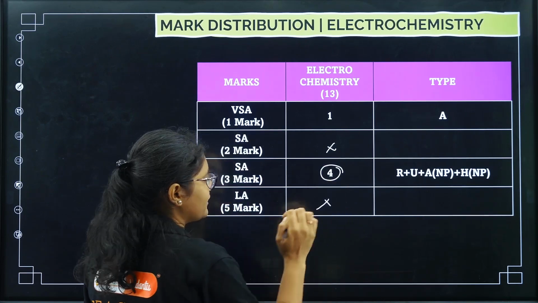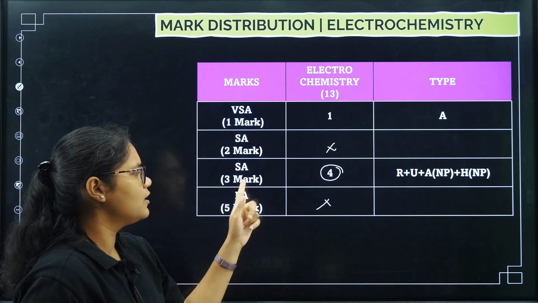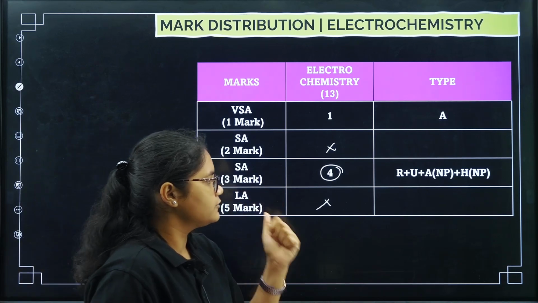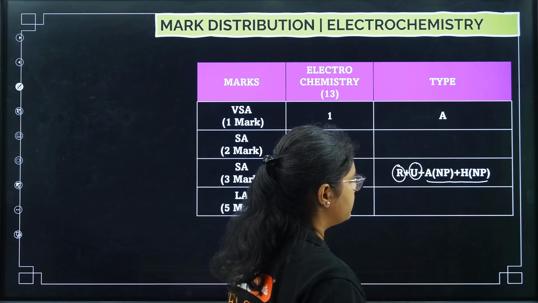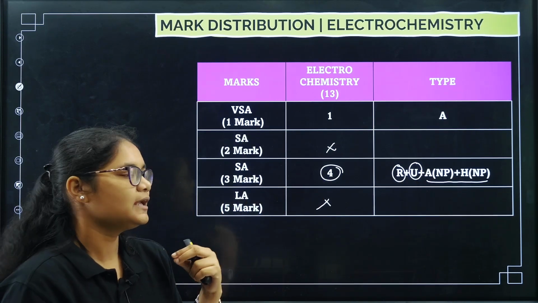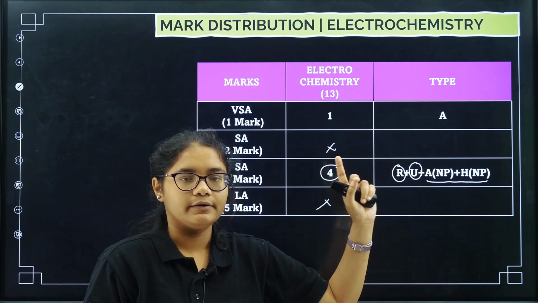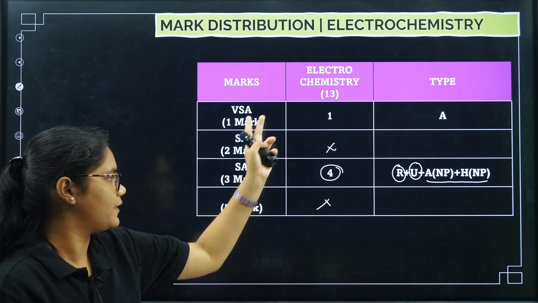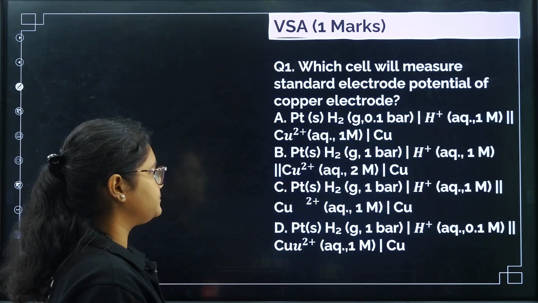Short answer questions will get 4, of 3 marks each, so 4 threes are 12, and with 1 MCQ, 13. Out of these 4, first one is remembering, 1 is understanding, and 2 numericals: 1 application based and 1 HOTS, higher order thinking numerical. So 2 numericals and 2 questions, total 12 marks from this chapter, and then 1 MCQ.